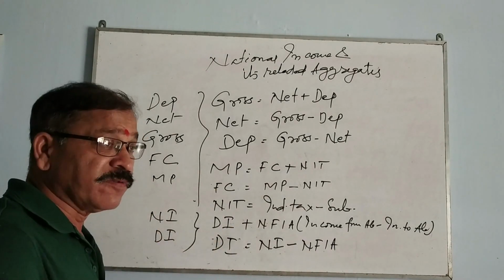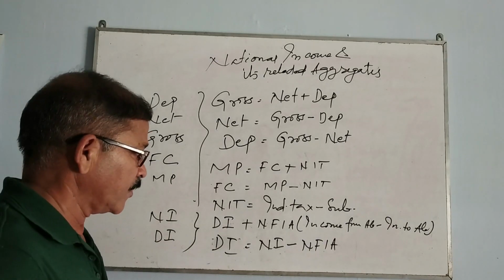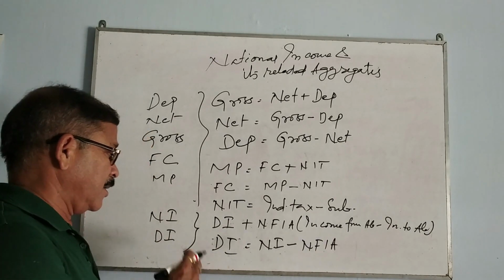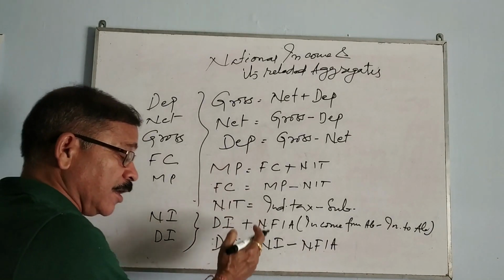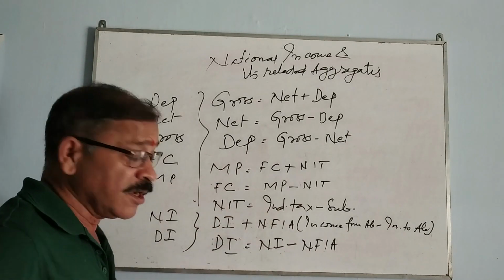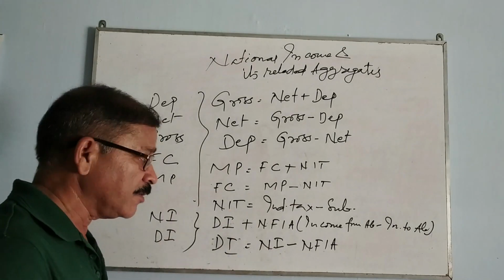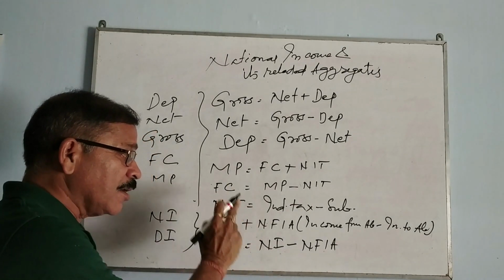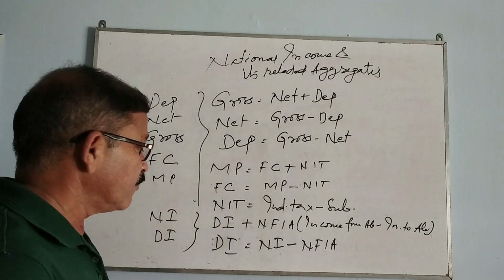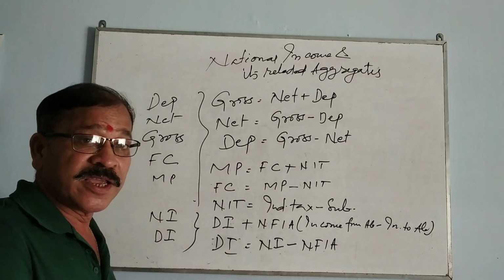Similarly, if you want to find out domestic income, then national income minus NFIA. If you want to find out national income, then domestic income plus NFIA. What is NFIA?